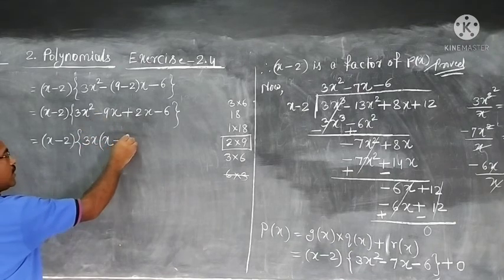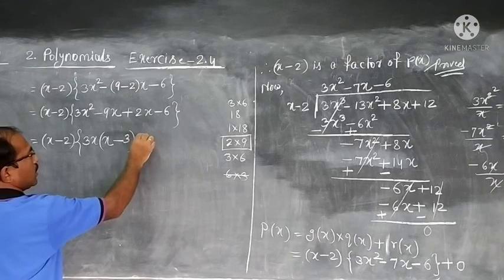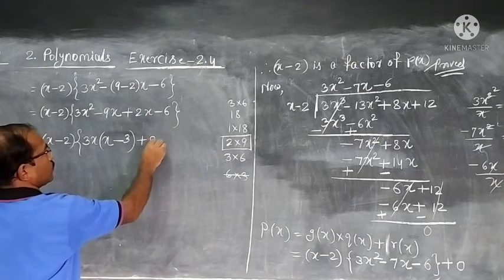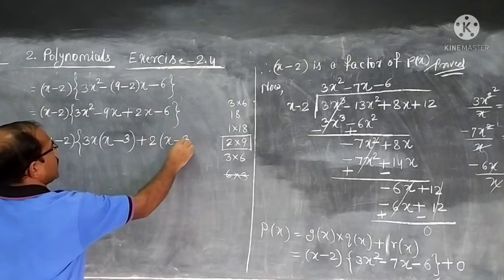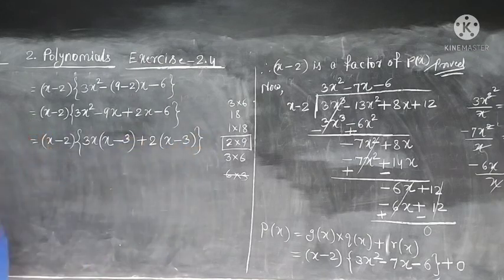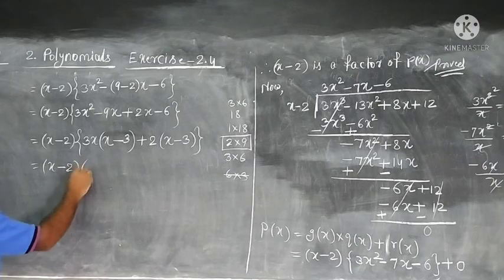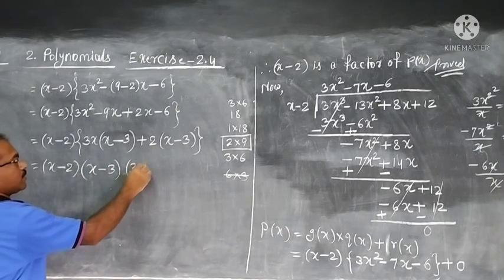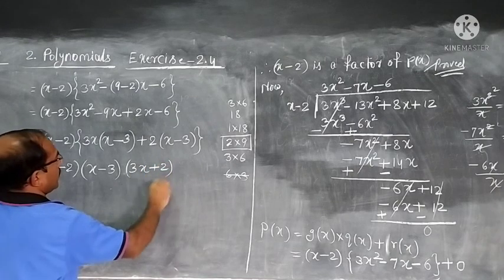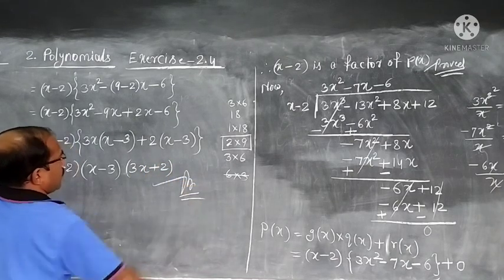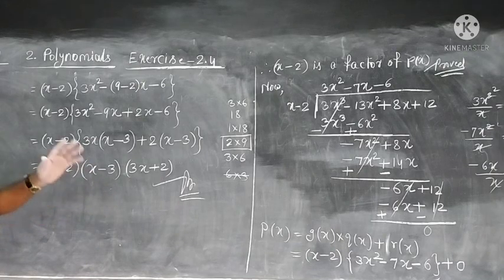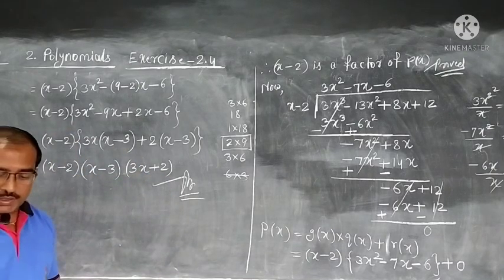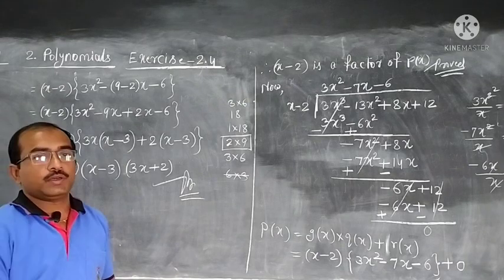So 3 remains here, x is out, 2 3s are 6, so 2x remains, and in place of 6, 2 3s are 6, 3 remains. We get here x minus 2, again x minus 3 is common and 3x plus 2 is remaining here. So we have found the factors, we have factorized the polynomial, and now this exercise 2.4 is over.